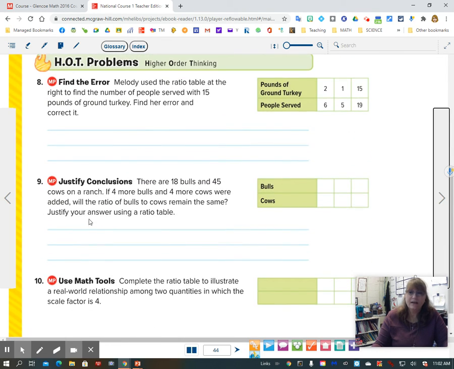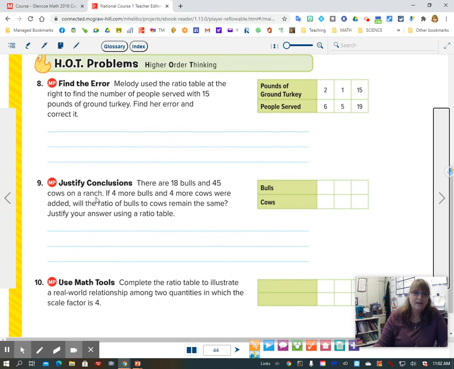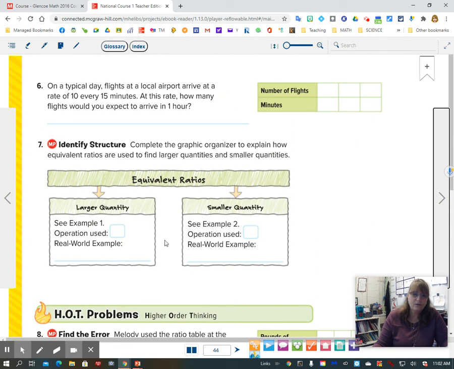And then 8, 9, and 10 are extra credit if you choose to do them. You don't have to. They are higher order thinking problems, and they're a little bit harder. They're going to require more thinking. So if you don't understand those, that's fine. But if you want to try to do those for extra credit, by all means, go ahead and do those, okay? This will be due tomorrow.